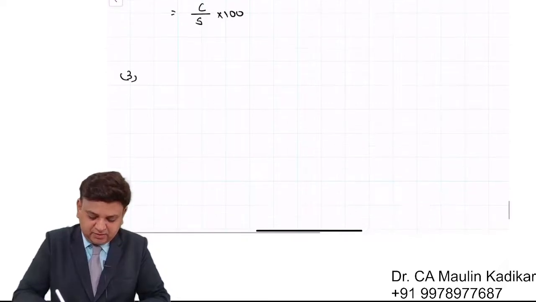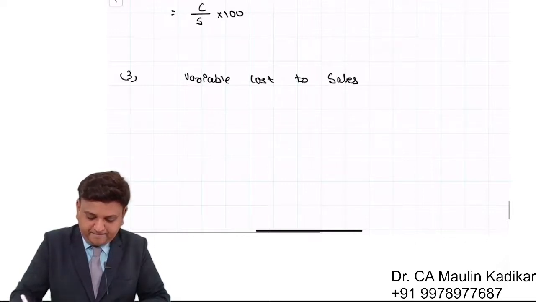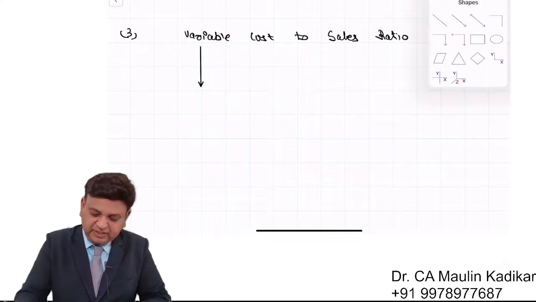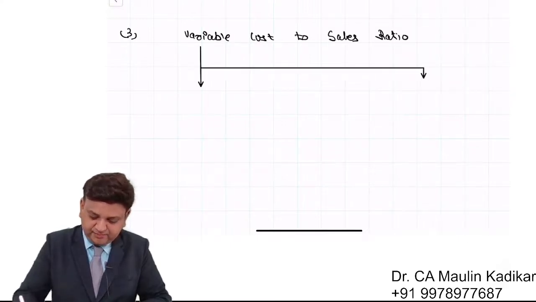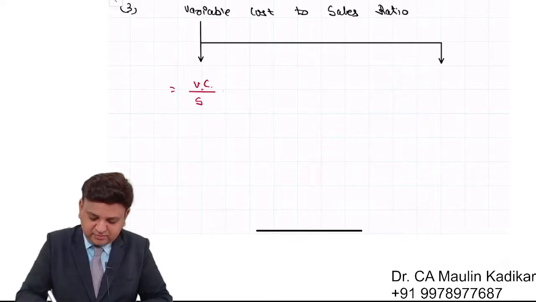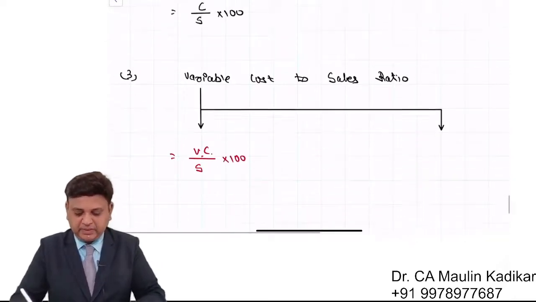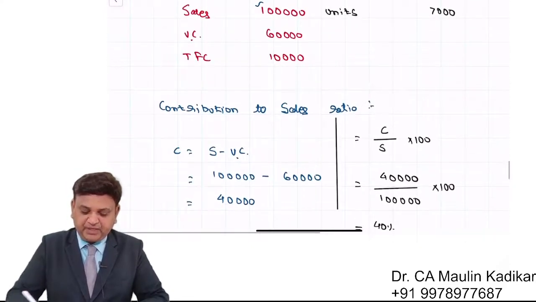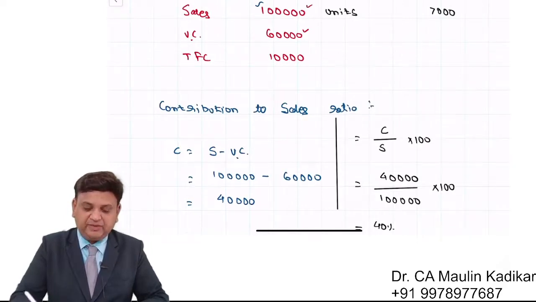Third is variable cost to sales ratio. It can be calculated by two methods. One is variable cost upon sales into 100. Like basically in the example which I have just told you, it is 60,000 divided by 1 lakh into 100.